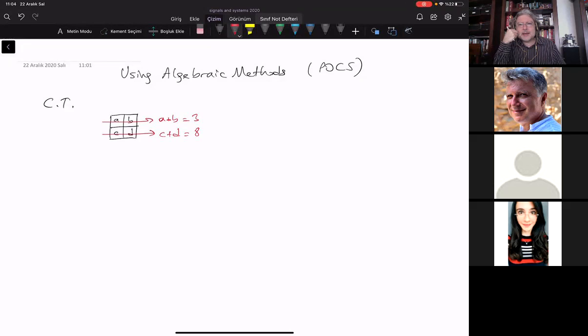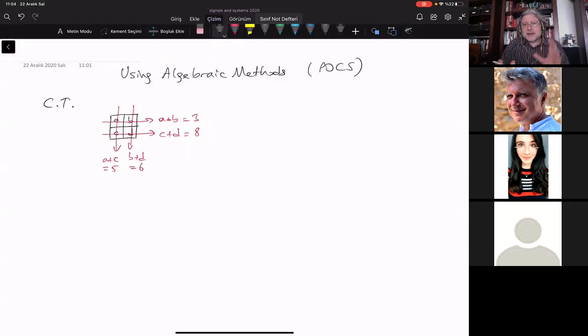So how many more projections do we need? We need 1 more projection, which will give you 2 more observations. For example, maybe A plus C is equal to 5, and B plus D is equal to 6. I'm just inventing numbers here. They're not important.